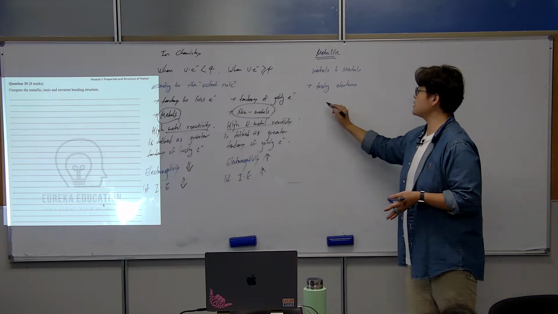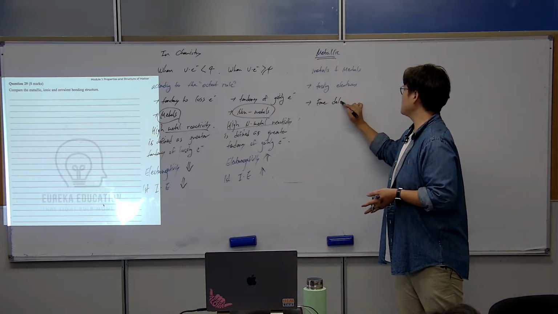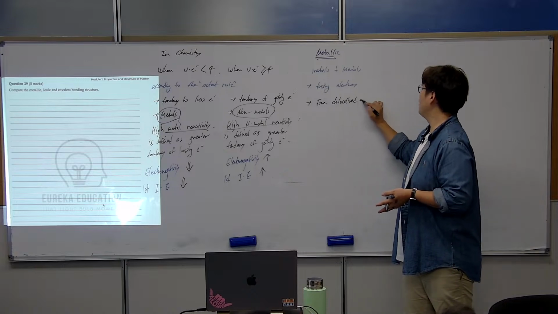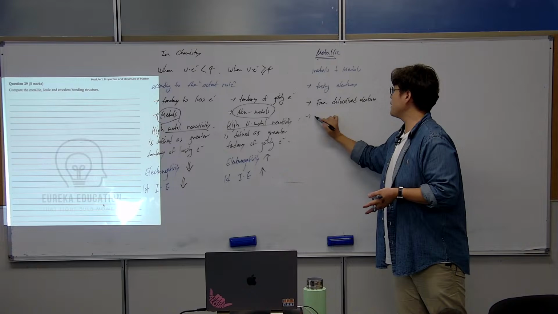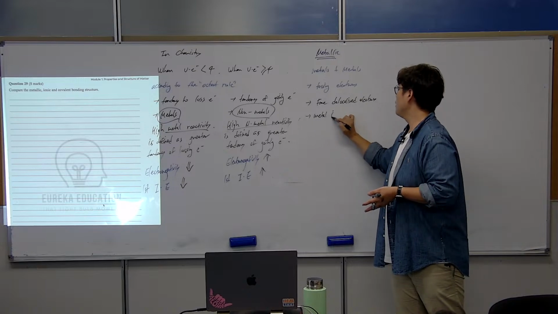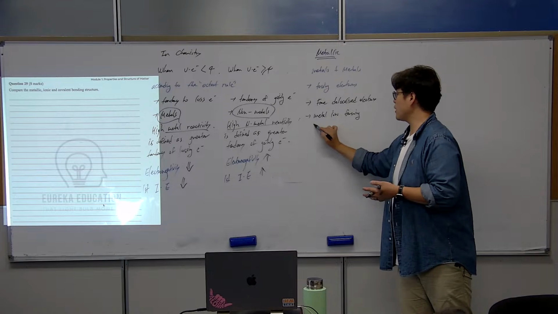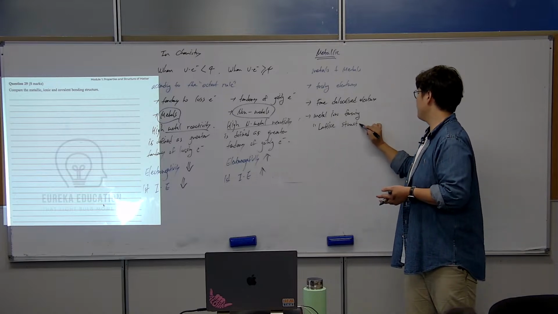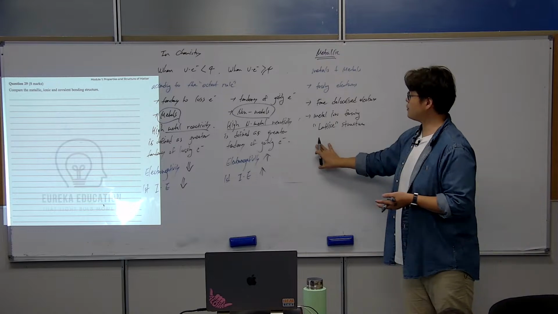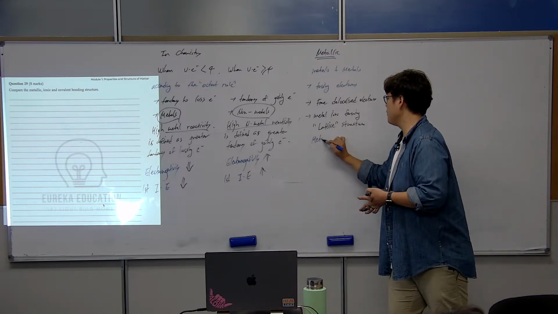First property is there will be lots of free delocalized electrons available and the metal ions forming something known as a lattice structure. I described this as a metallic lattice structure.